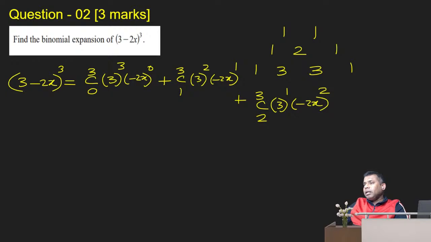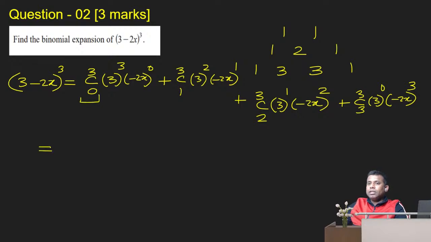And finally 3 choose 3, 3 to the power 0 and (minus 2x) to the power 3. So you can write this one straight away.